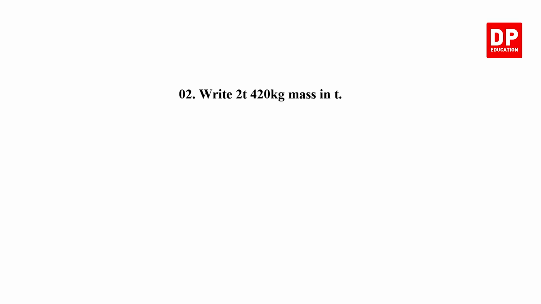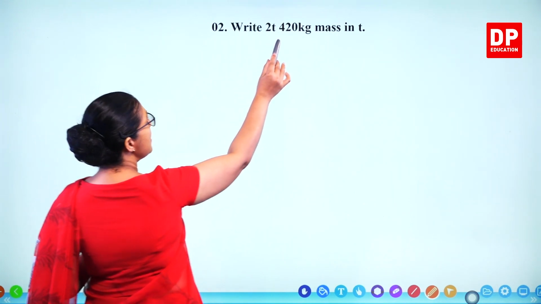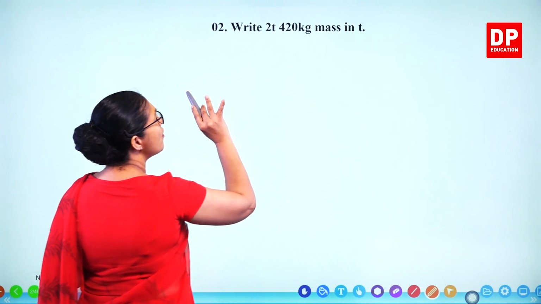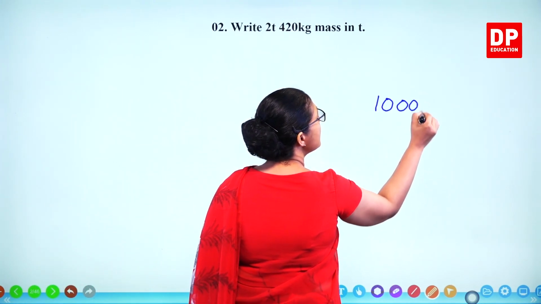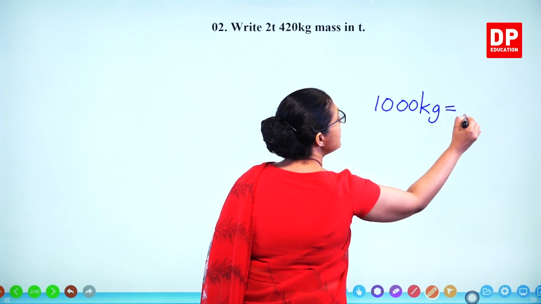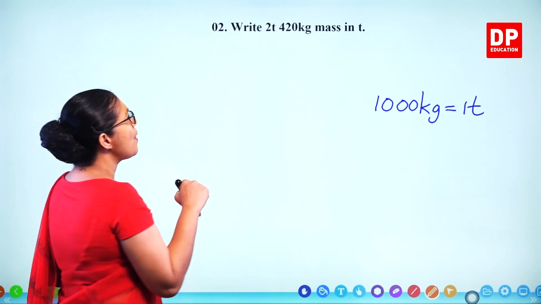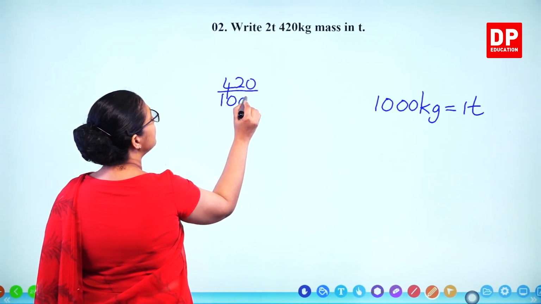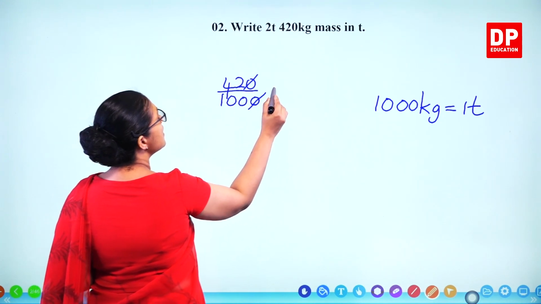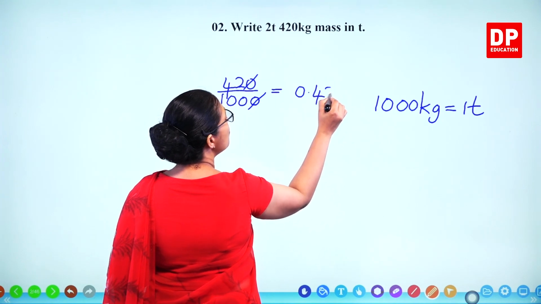Question number 2. Write 2 tons 420 kilo mass in tons. So that means you can convert this kilogram part to tons. What's the relationship? 1000 kilograms is 1 ton. So you can divide by 1000. 420 divided by 1000, you get 0.42.